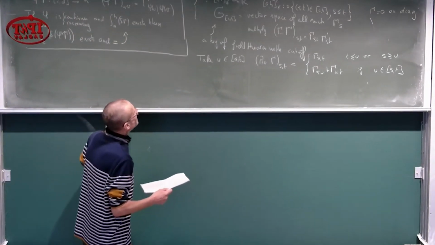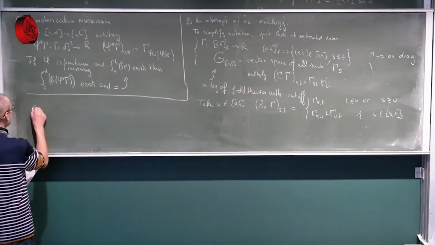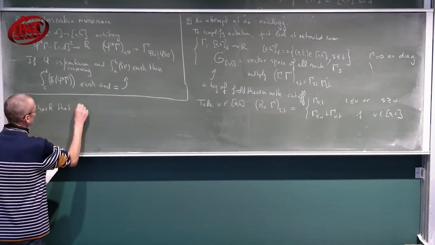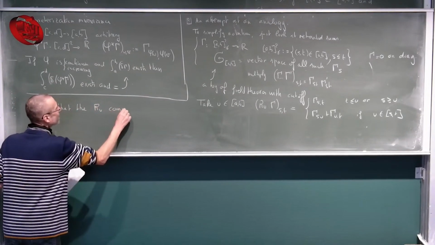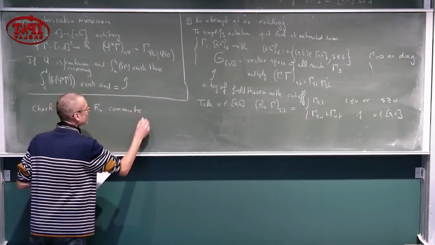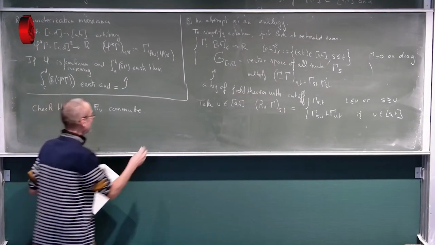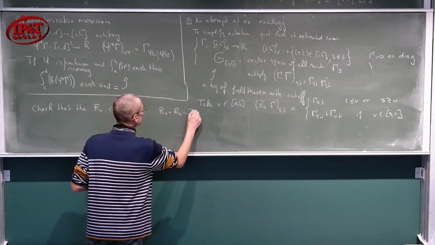And then it's easy to see that the R_U commute. R_A is equal to R_B is equal to the identity.